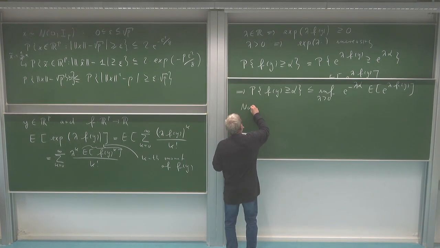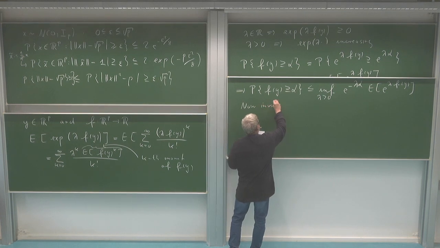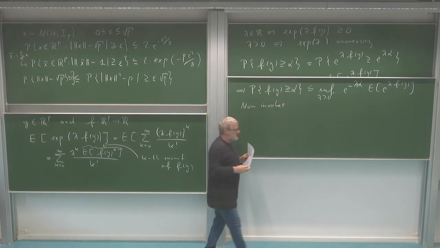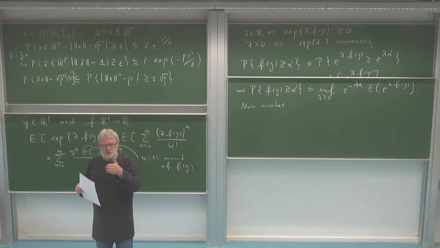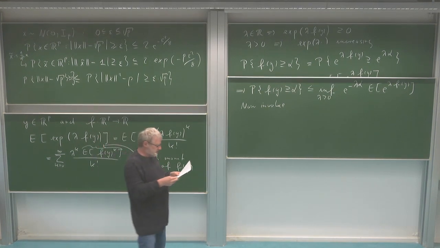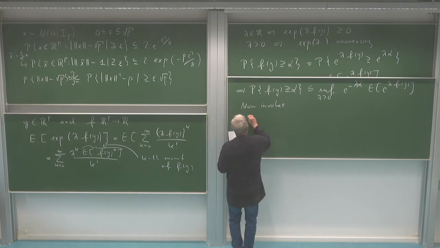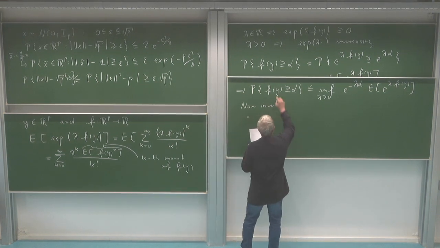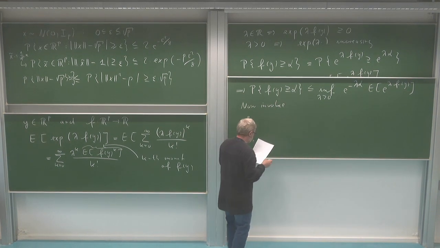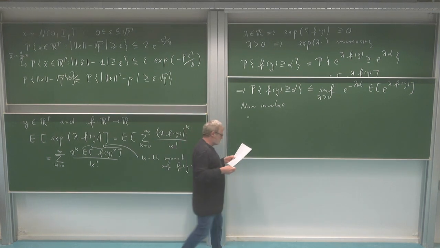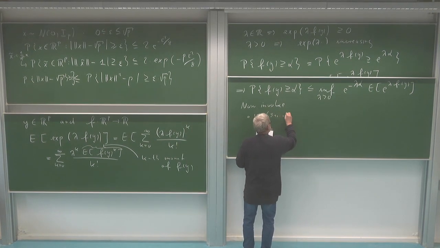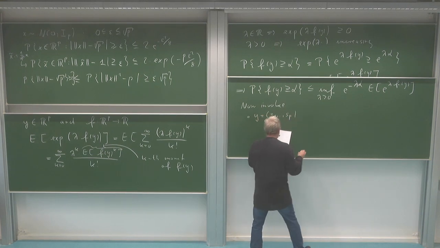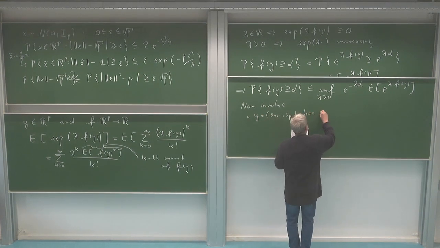Now we invoke more specific information, which we have in the situation where f is the sum of the squares of my coordinates. Namely, the underlying y has independent coordinates, which I call s1 up to sp.